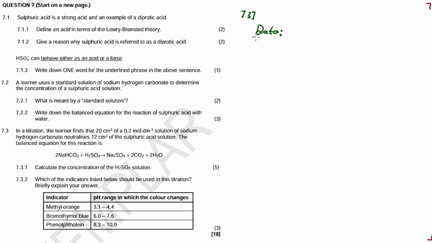If you solve a question without this, you end up not understanding anything. Take out the data. Always pull out the data. So we have a concentration of base, 0.2 mole per cubic decimeter. Then the volume of base is 20 cubic centimeters, but I must divide by 1000 so that it becomes cubic decimeters.